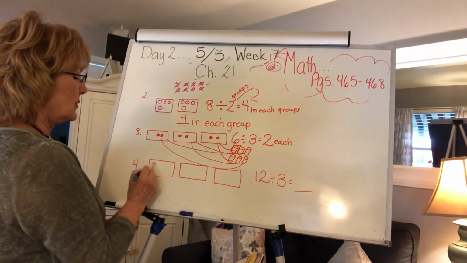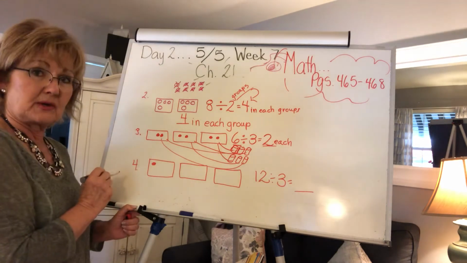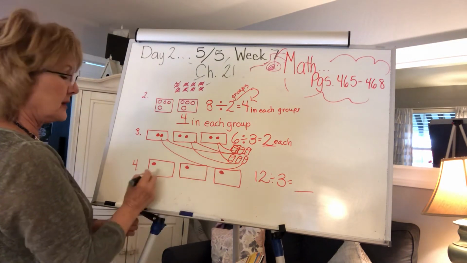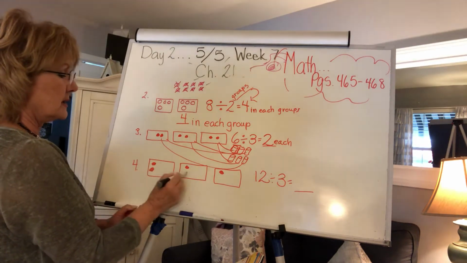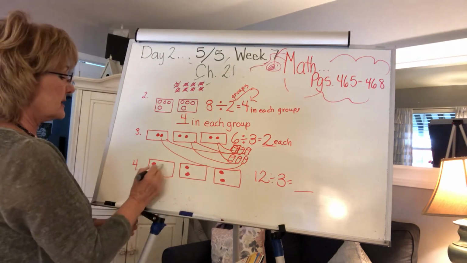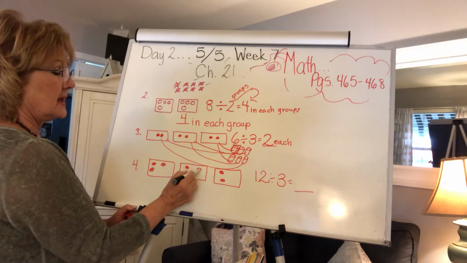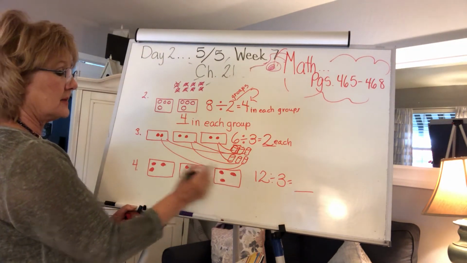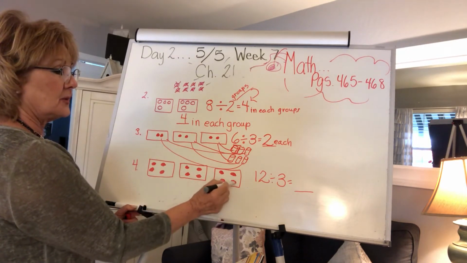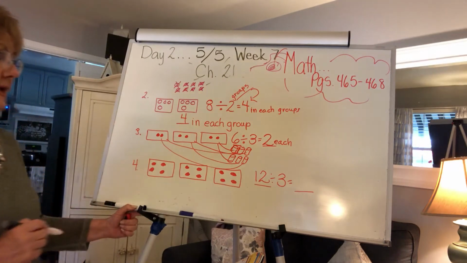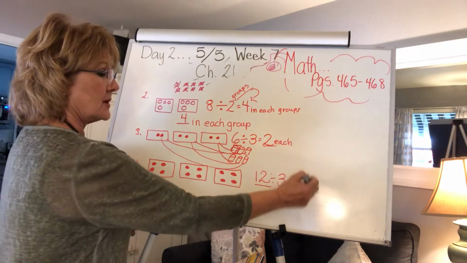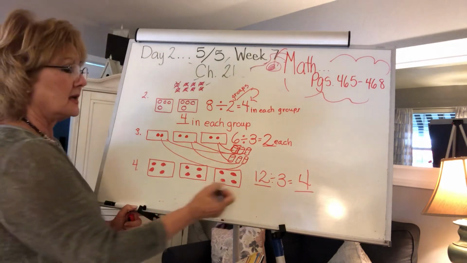So ready? 1, 2, 3, we haven't run out yet, 4, 5, 6, we've only gone through half our tater tots, 7, 8, 9, we've got more, 10, 11, 12, no more tater tots, we made it to 12. Each person gets how many tater tots? 4.